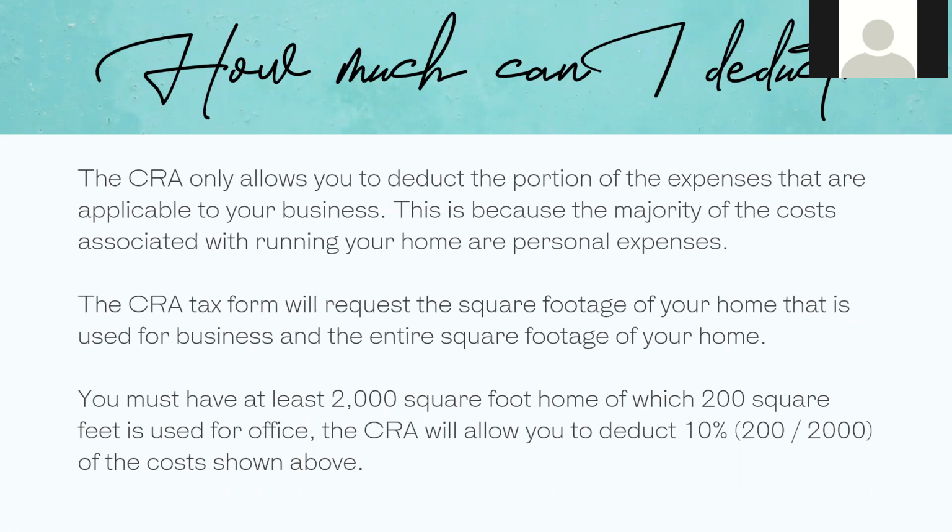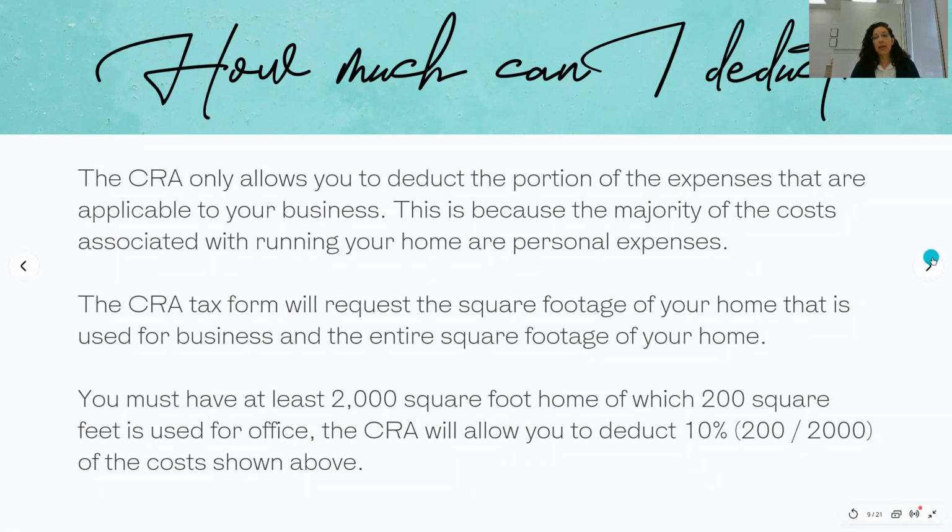Okay, guys? Okay, so the CRA allows you to deduct a portion of the expenses of your home. This is because the majority of the costs are associated with running your home and personal expenses. So the CRA will request the square footage of your home that is used for the business and the entire square footage of your home. So there's a little example here.